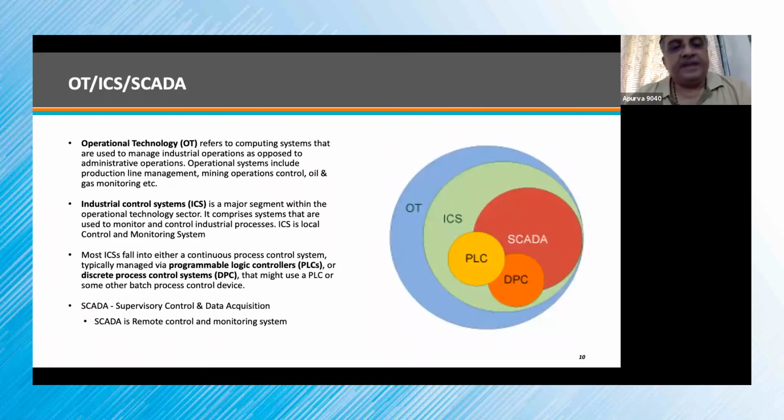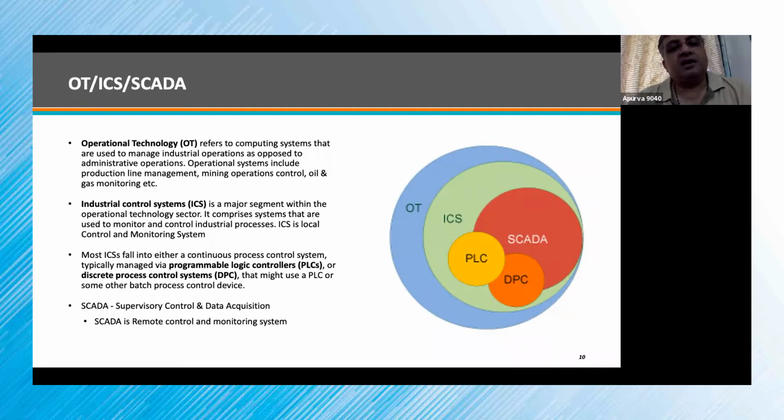Now the major part within Industry 4.0 is the industrial control system. If you look at it, OT is the outer circle, which is called operational technology. It is nothing but the computing systems that are used to manage the entire industrial operation.